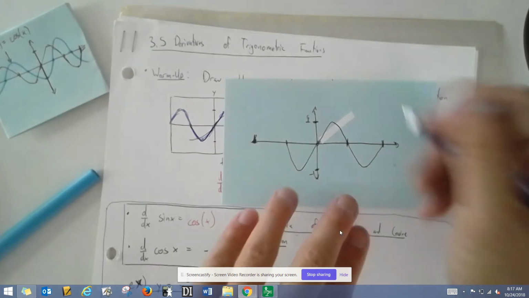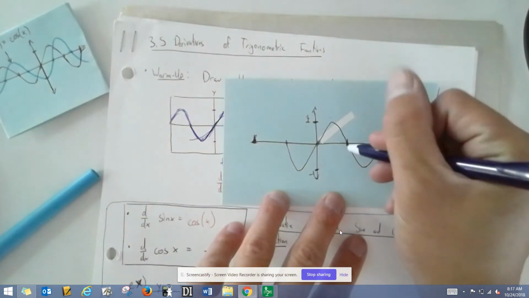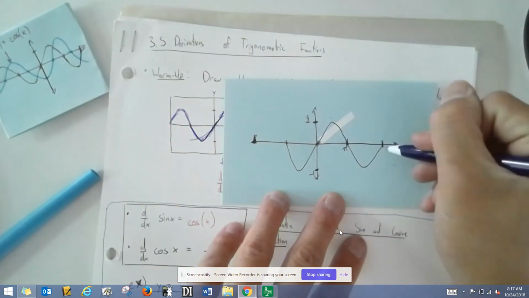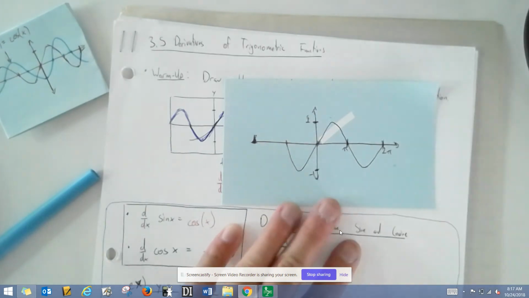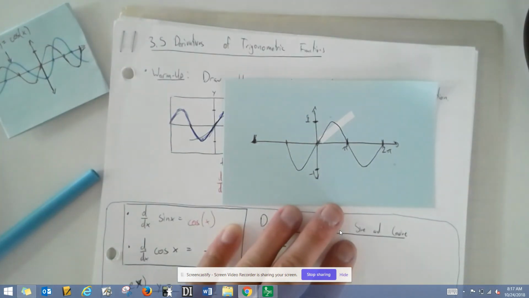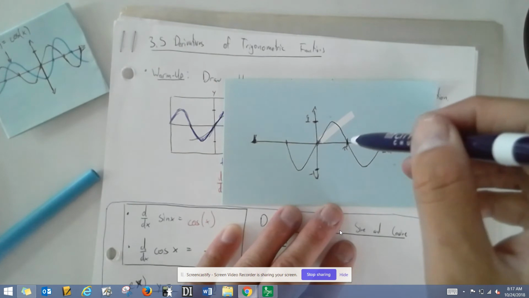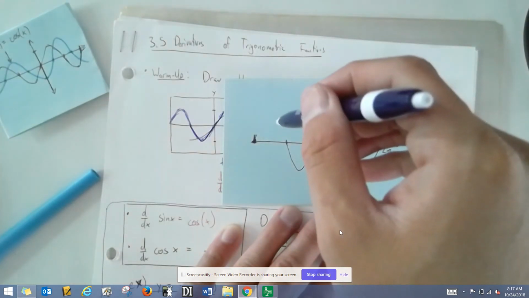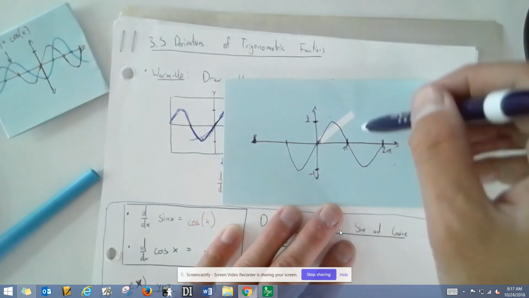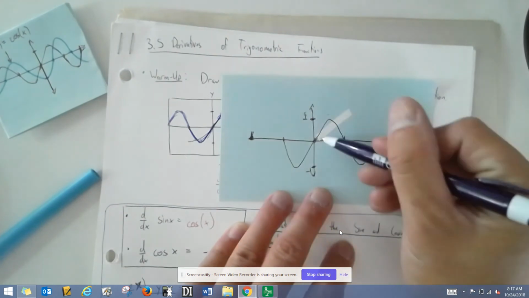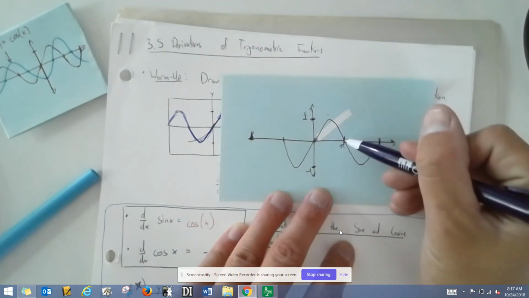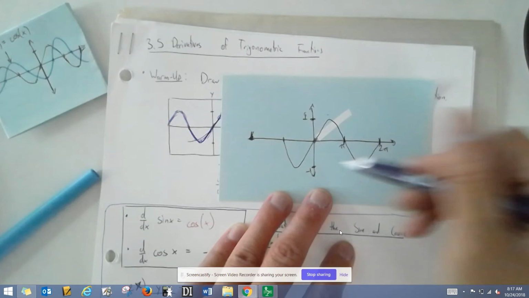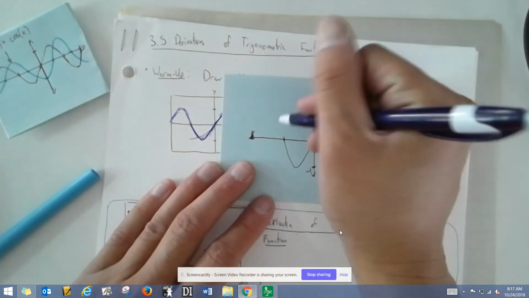Pi, because the whole up and down is. Hey, very good. Yeah, that's right. Because if you remember the unit circle, it goes to pi, and then to make the full revolution, it goes to 2 pi. It's the same thing here, pi, and then 2 pi. So we have one full cycle here.